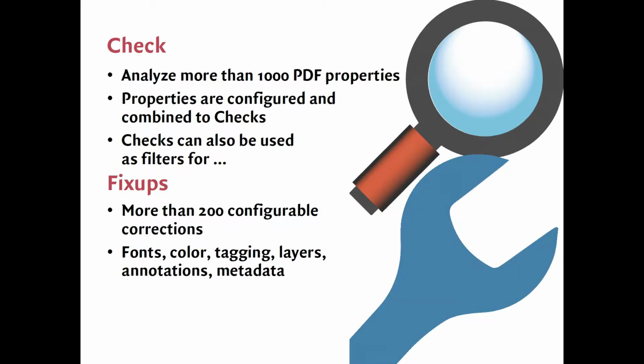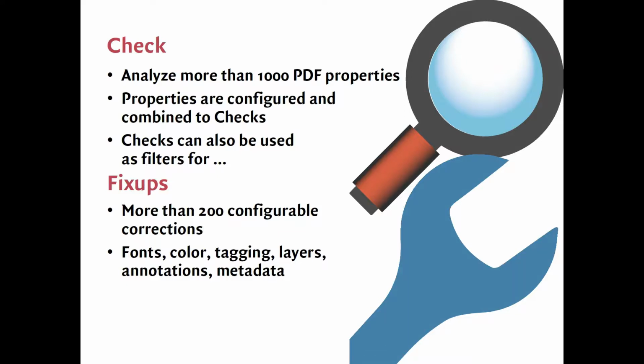And then pdfToolbox Desktop has for editing a check engine, if you want, or a fix-up engine. The check engine has more than 1,000 different PDF properties that you have access to, that you can combine with each other. And fix-ups are based or can be based on more than 200 different fix-ups.